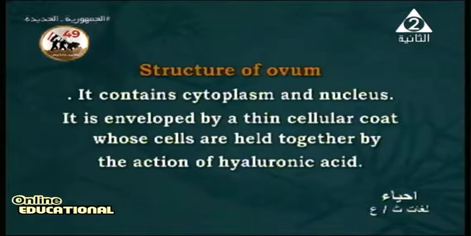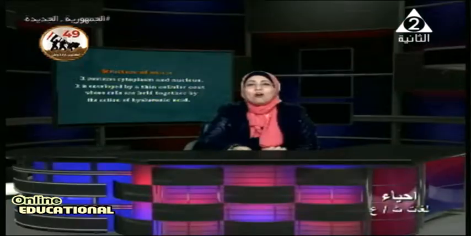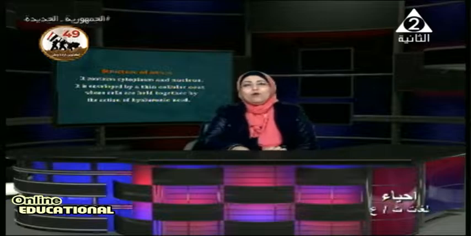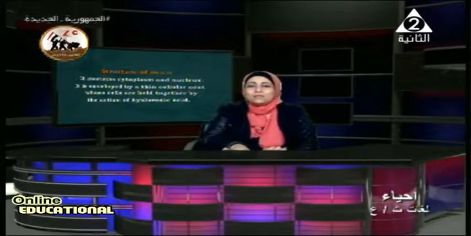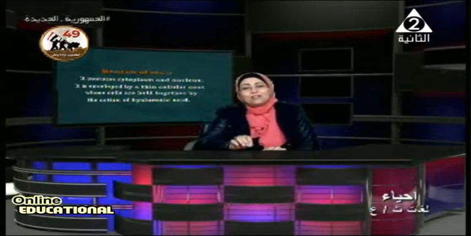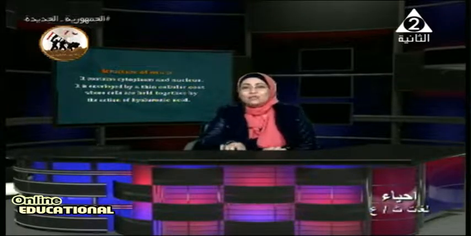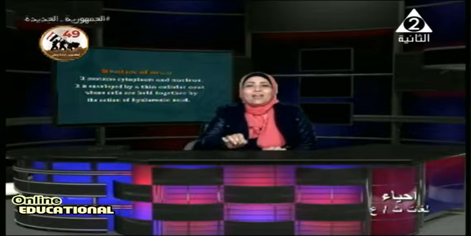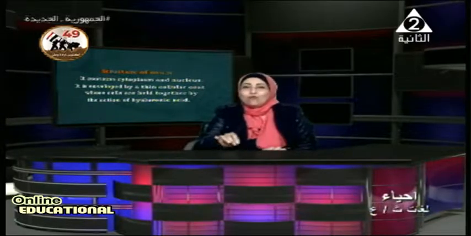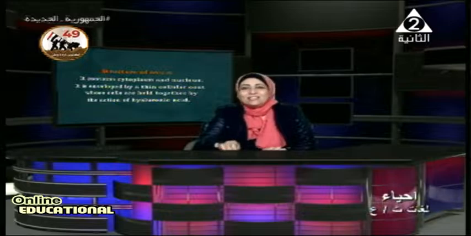What is the ovum? The ovum is produced from the ovary, and it is like any cell. Ovum and sperm are cells which contain a haploid number of chromosomes. Any cell, as you know, has a structure with a membrane, cytoplasm, and a nucleus. The ovum also contains a cell membrane, cytoplasm, and a nucleus, and the sperm also has a nucleus. Each of the two nuclei contains a haploid number, meaning 23 chromosomes.